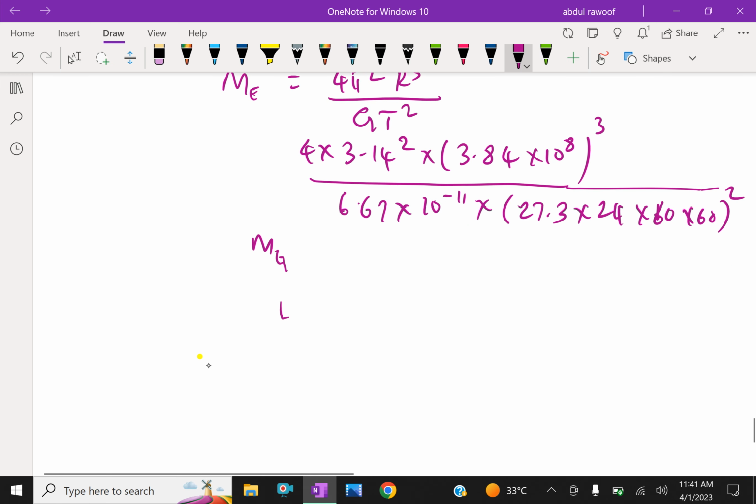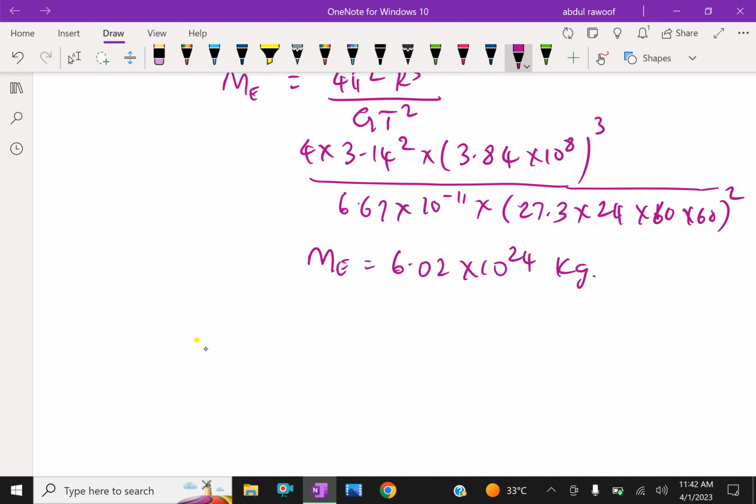ME equal, the mass of the Earth is nearly 6.02 into 10 power 24 kg.